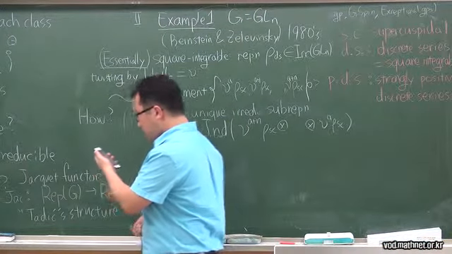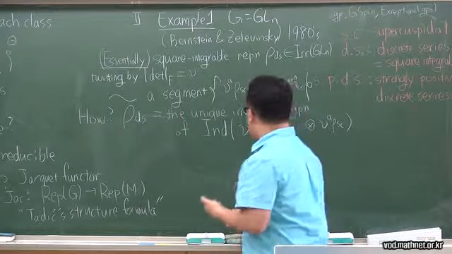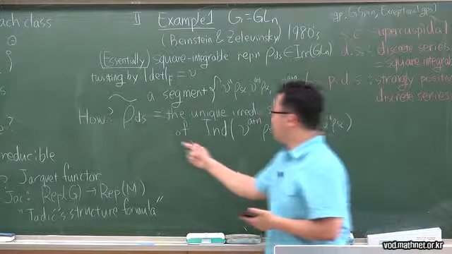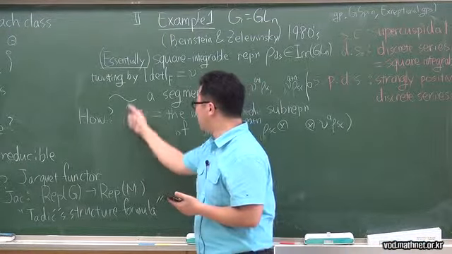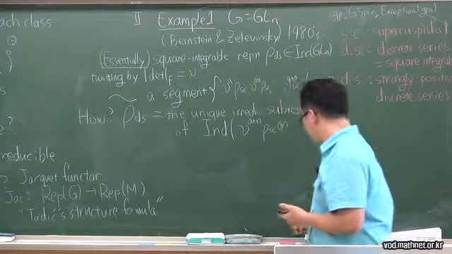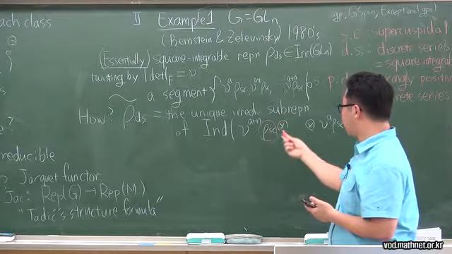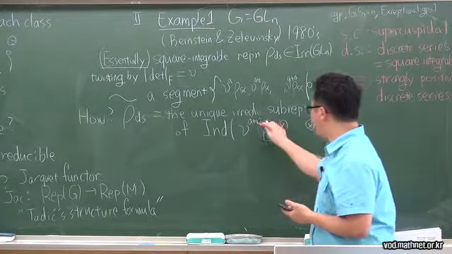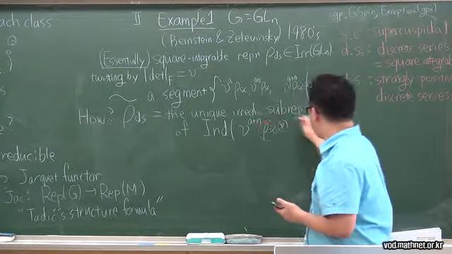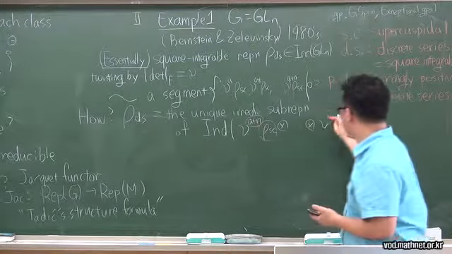Okay, so we can classify these essentially square integrable representations using this data, certain supercuspidal representations of GLN, and also twisting from a plus n to a.